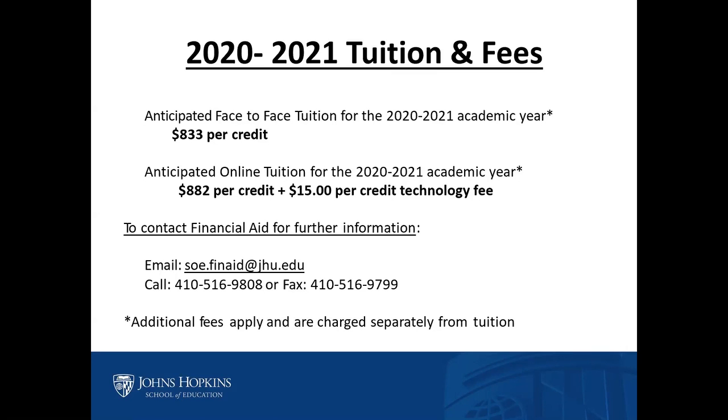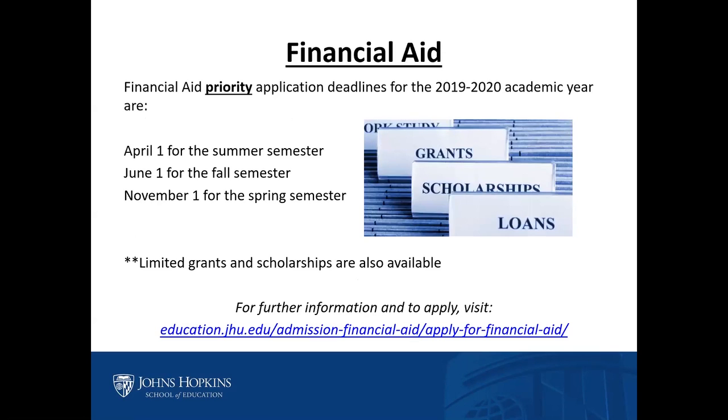Additional fees may apply, so we encourage you to view our tuition and fees page on our website for the most up-to-date information about tuition and fees. Please note the priority financial aid application deadlines listed on this slide. If you're interested in applying for financial aid, we strongly encourage you to apply for financial aid when you start your application.